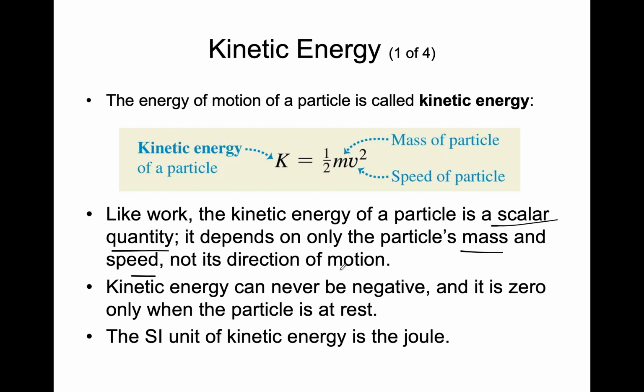It cannot be negative. The SI unit of kinetic energy is joules, just like work. We can check: the SI unit of mv squared is kilogram times meter squared divided by second squared. It's exactly the same as the SI unit of work.